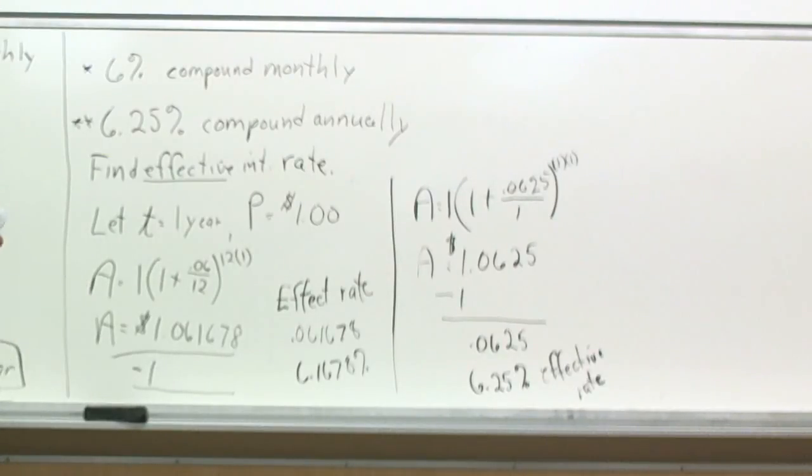One more type of problem that we might run across is to find an interest rate. We've solved for A, we've solved for P, and we've solved for T. Now let's find what R would be for a particular goal.